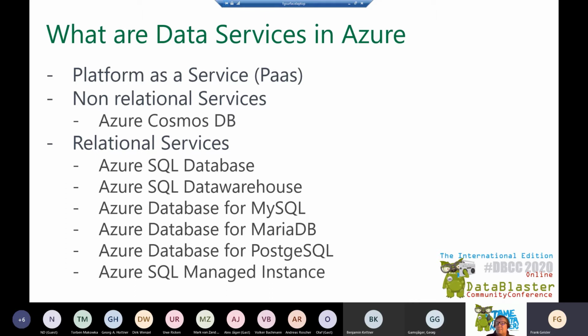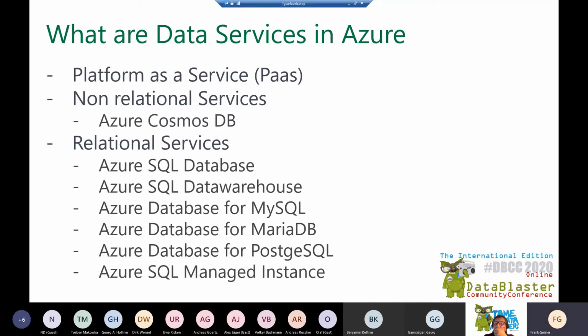If we're speaking of data services in Azure, we speak of platform as a service. That means that you don't run a virtual machine with a SQL server on it or something like this. Instead, you have a platform service like the services that are offered by Azure. There are several services offered.